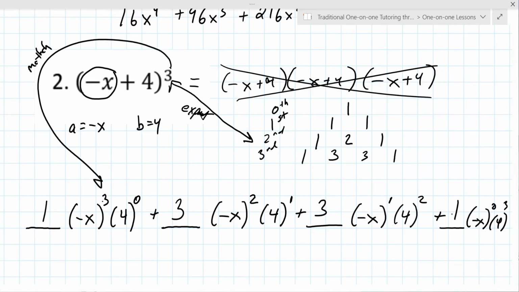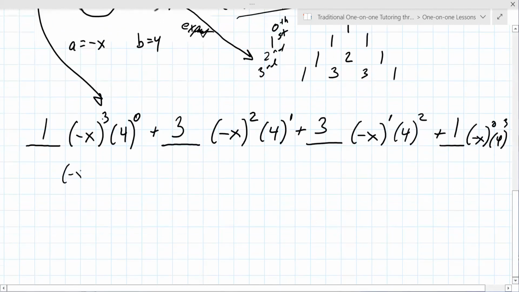When you have a negative number to an odd exponent, as you do here, negative x to the power of 3, we could write it out here, that might help. 2 negatives make a positive, first 2, but then the last one makes it back negative. So it ends up being negative x cubed times 1, which doesn't change it, and 4 to the 0 is also 1, which doesn't change it.